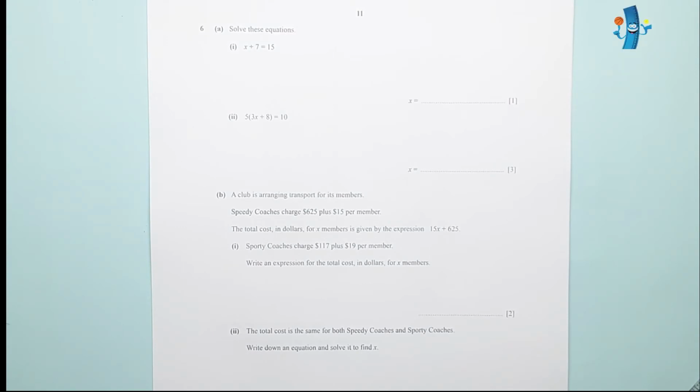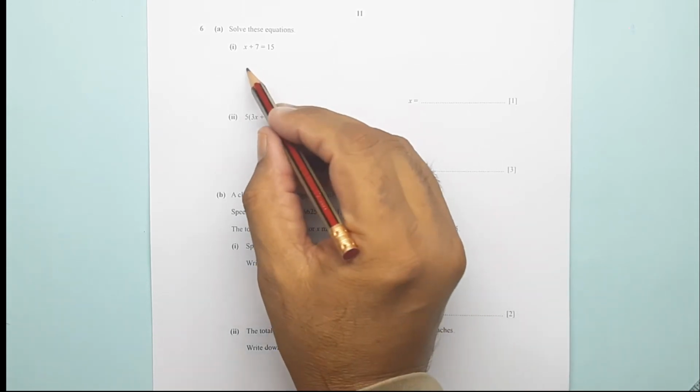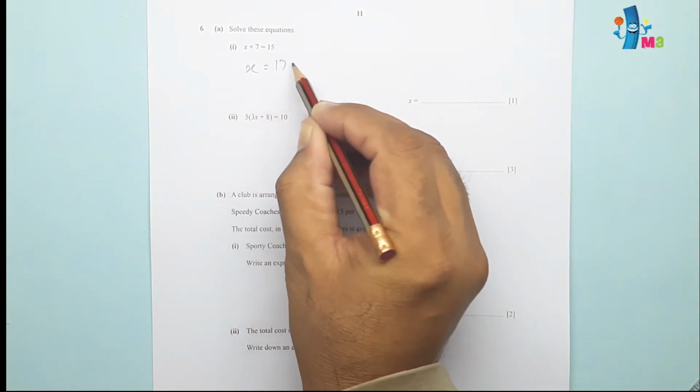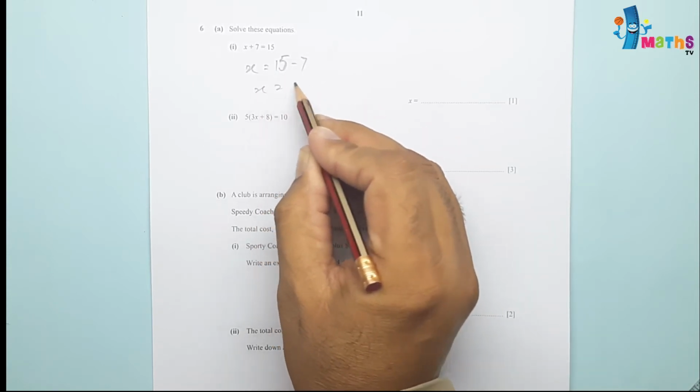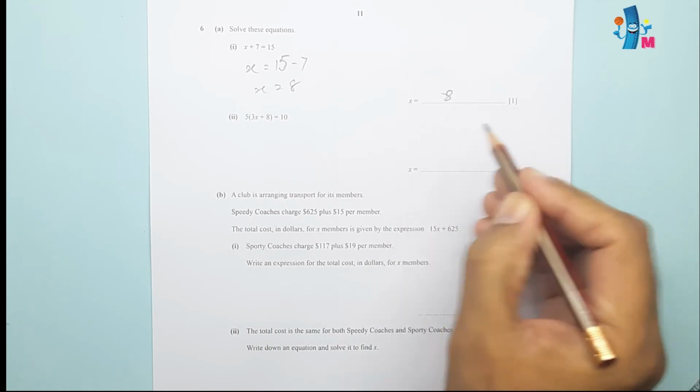Question number 6, solve these equations. This is an algebraic equation. It's very simple, one part question. We'll have to just shift 7 to the other side. 15 minus 7 will be equal to 8, so x is equal to 8.